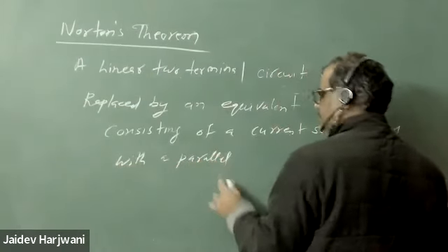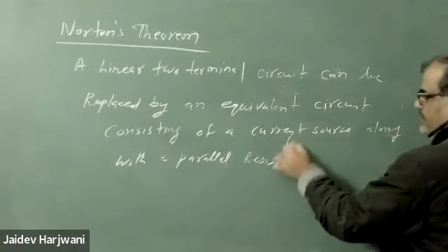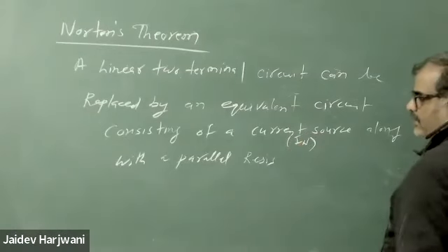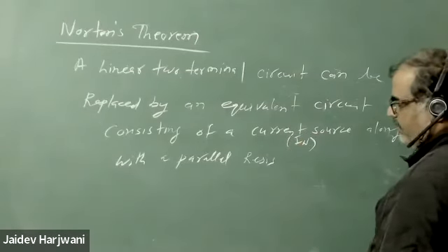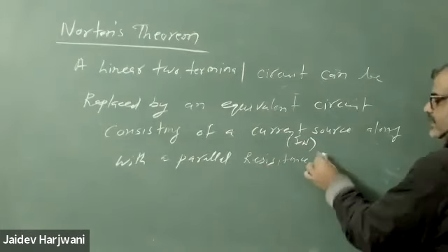A current source, say IN, right? And along with a parallel resistance, RN.